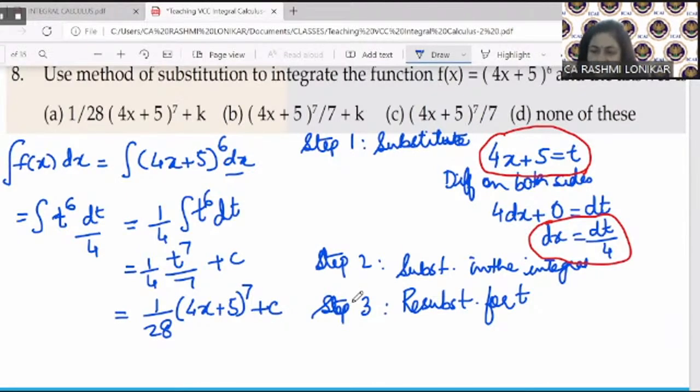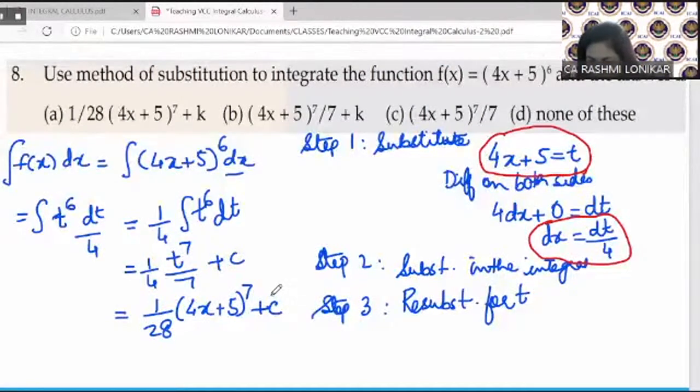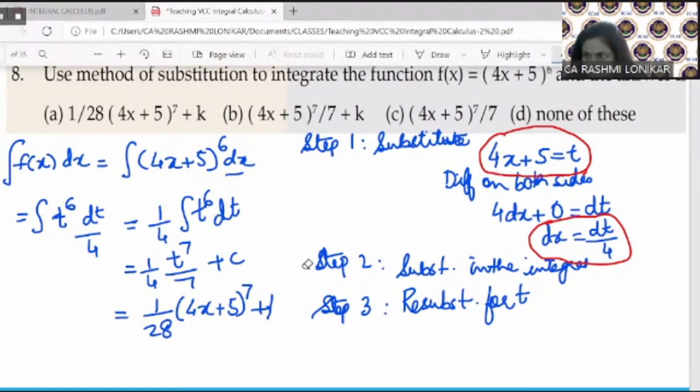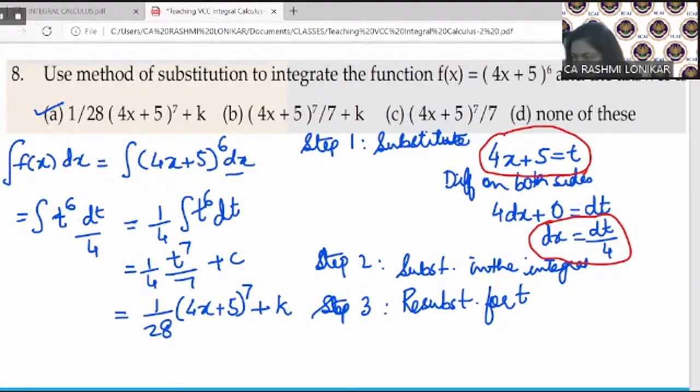Here they are taking k, so let me also write k. So 1 upon 28, 4x plus 5 raised to 7 plus k. Yes, A will be the correct answer for question number 8.